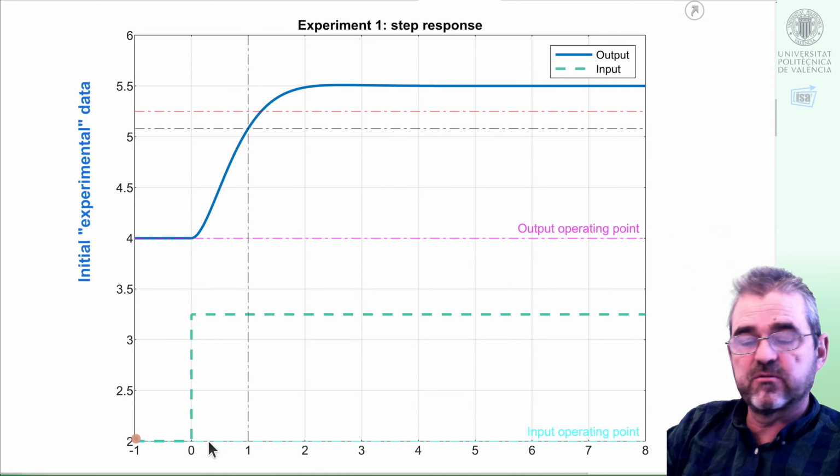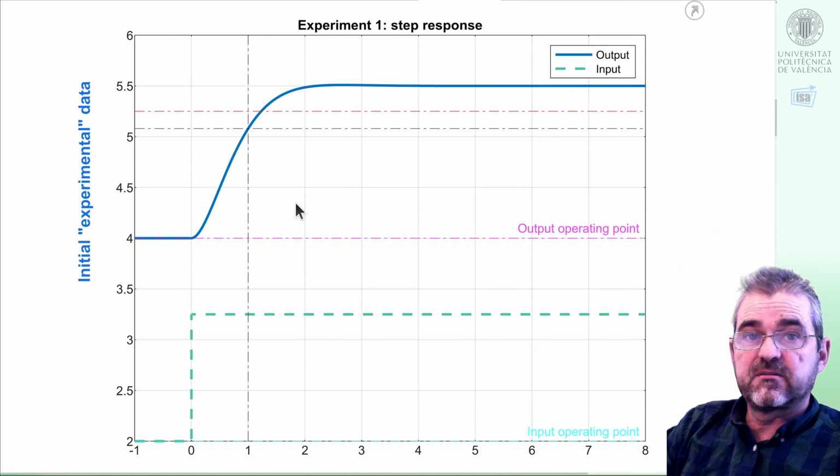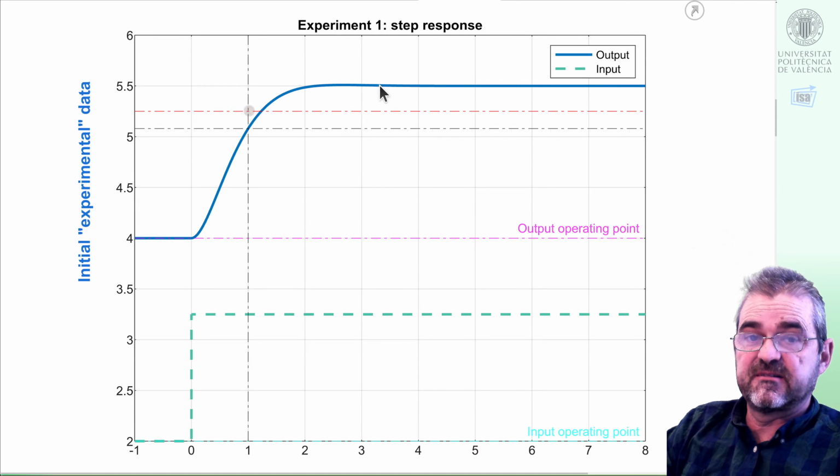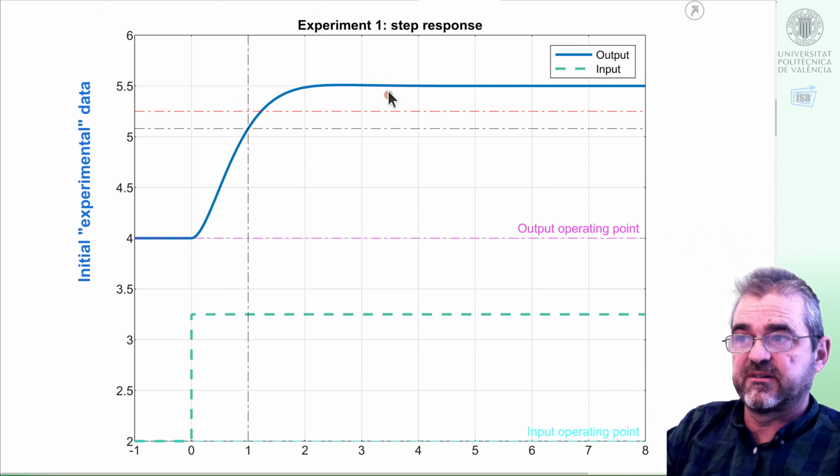Our goal is achieving a final value of 5.25, so we need a bit less power here, but we wish to achieve it in 1 second, so in order to climb up faster we will need a little bit of extra power in the first second, and then a little bit less power so that the system stops going up.